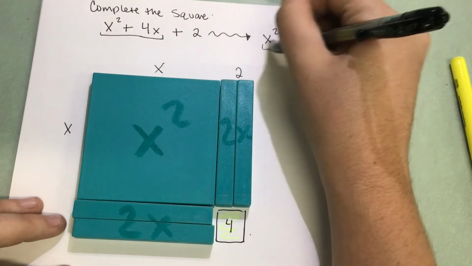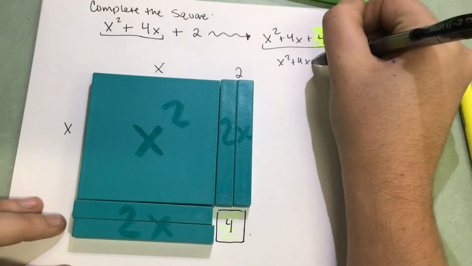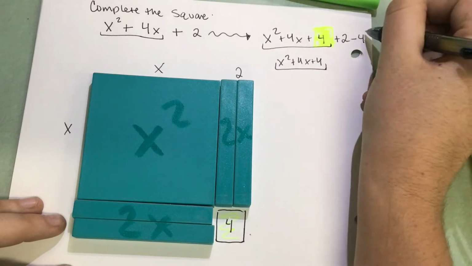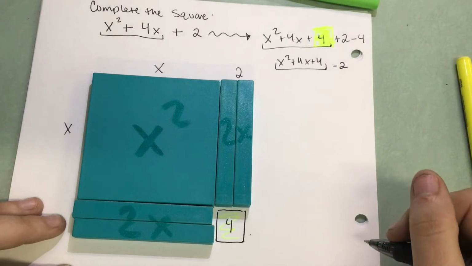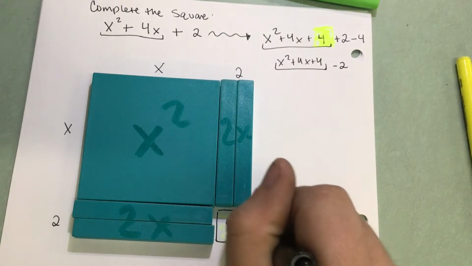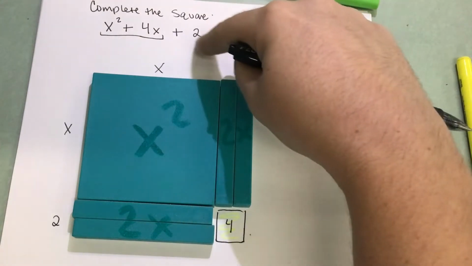So now I've got x squared plus 4x plus 4. 2 take away 4 is -2. What this is saying is that I needed 4, and if I put 4 in, I have to take 2 away to go back to what I had.